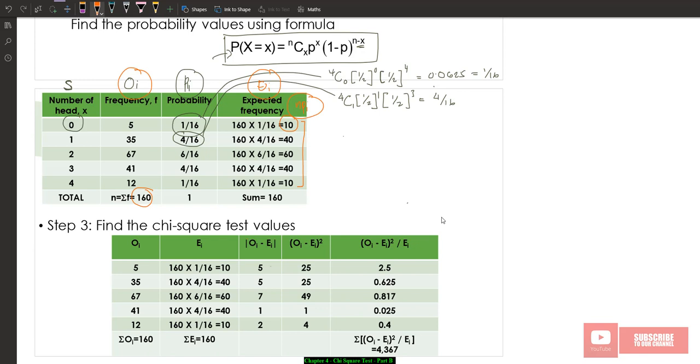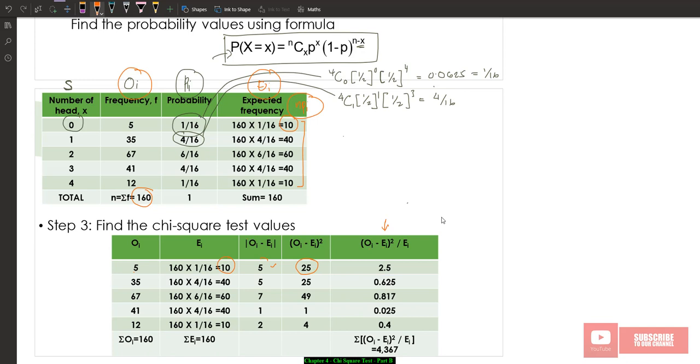So 5 minus 10 is equal to negative 5, and taking the modulus, it should be 5, and so on. Then we take the square of observed minus expected, and calculate the goodness of fit value, which is observed minus expected squared divided by expected. So 25 divided by 10 is equal to 2.5.